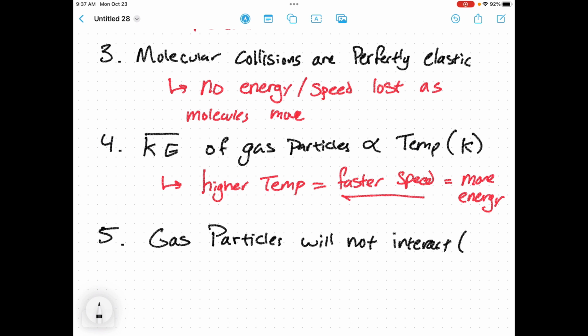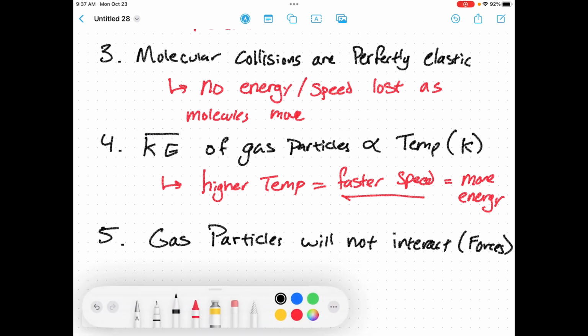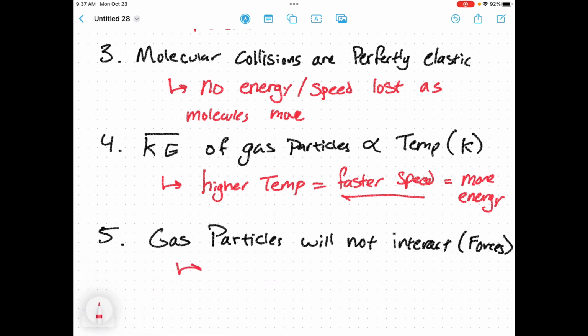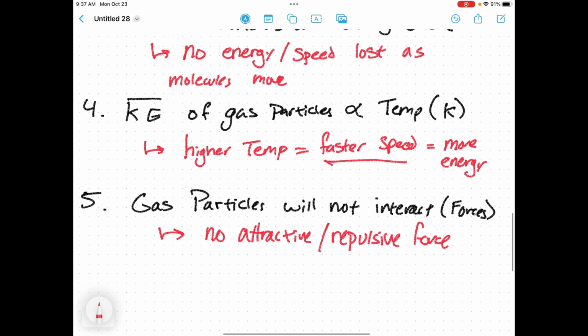And when we talk about interact, they do collide, but we're talking about forces. So to simplify, the fifth postulate says that there are no attractive or repulsive forces between gases.